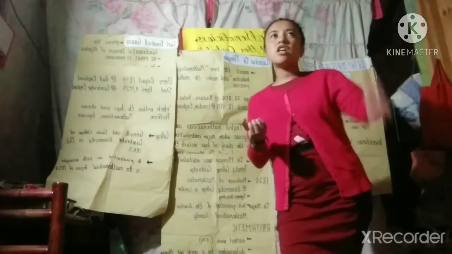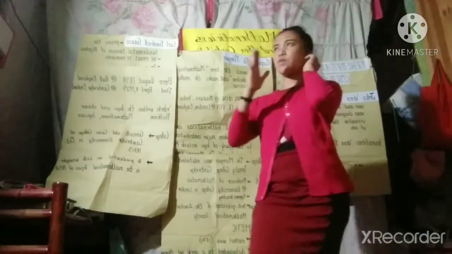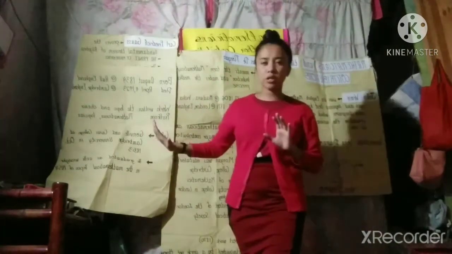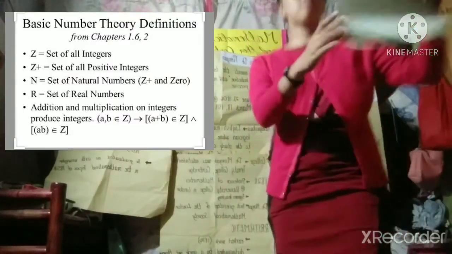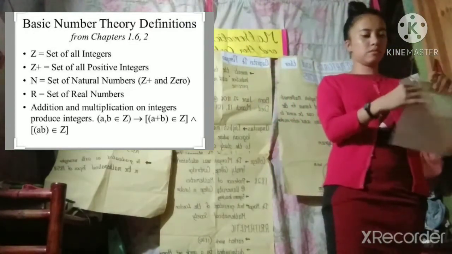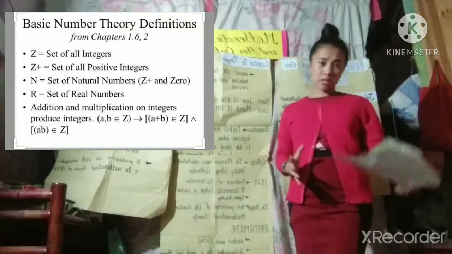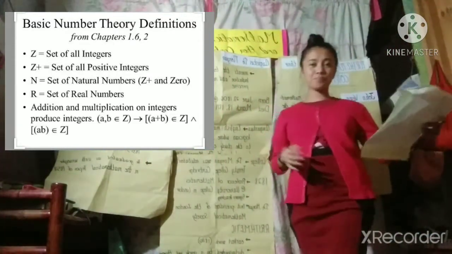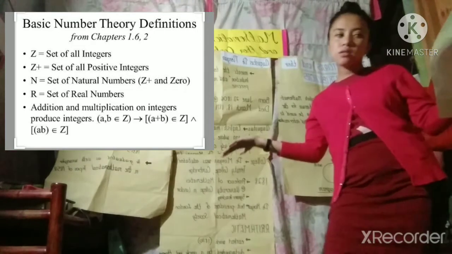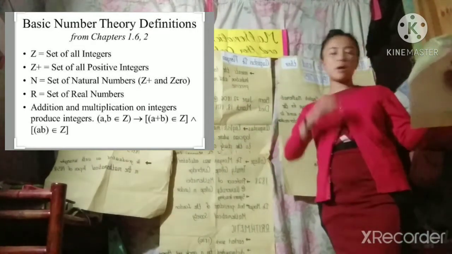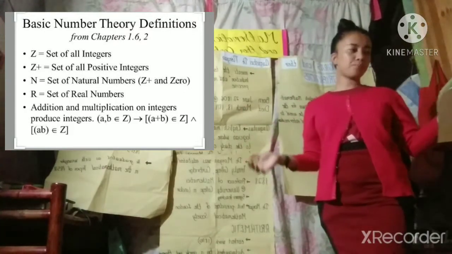He had a lot of works, but the main subjects of his works are number theory, geometry, probability theory, astronomy, and the theory of functions.